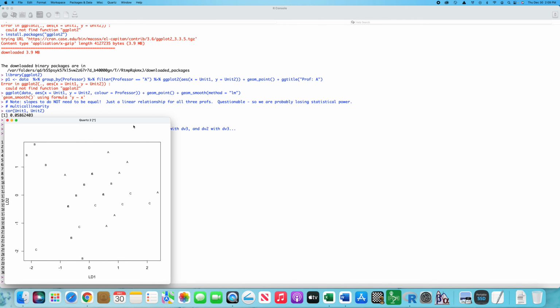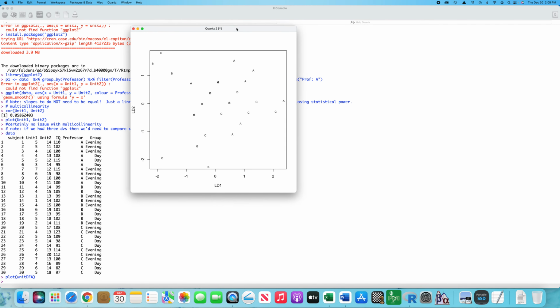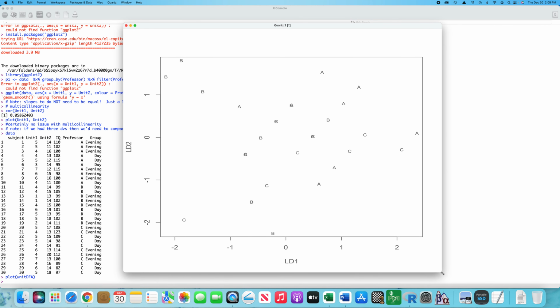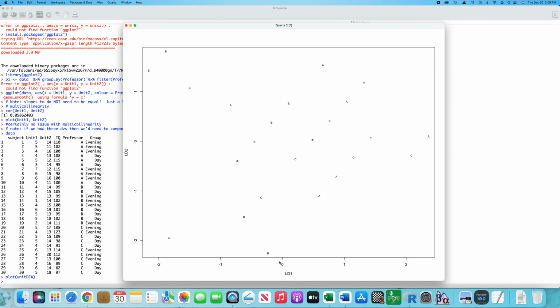Now, what you have to do here is kind of tricky and takes a lot of patience. For LD1, you have to draw a vertical line at 0, and you compare the cases to the left with the cases to the right.